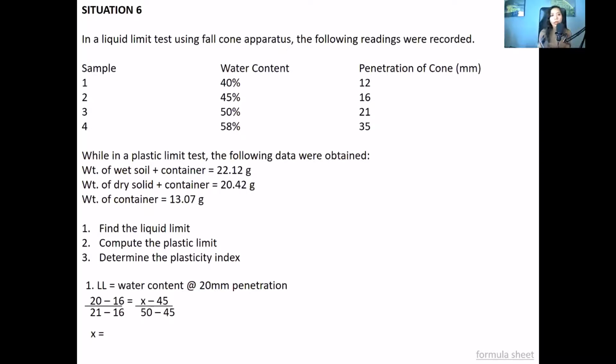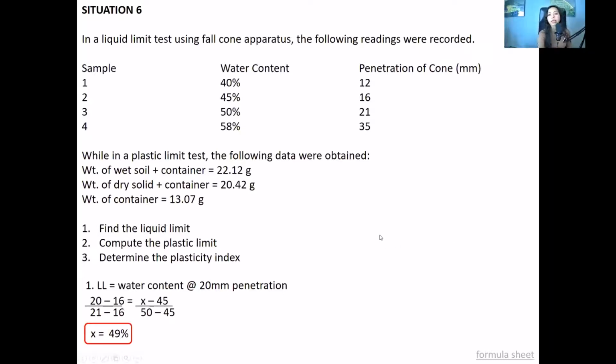So, ang ginawa ko lang, in-input ko lang siya, like this, and then shift solve. And since alam ko na naglalaro lang yung moisture content sa 40 to 58 and dapat nasa gitna siya ng 45 to 50, nag-assume ako ng 50 kasi yun yung mas malapit, and mabilis niyang ibinigay yung 49. Okay? 49%. So, Engineer Marlene, thank you. Engineer Roxanne, Engineer Mary Rose, thank you. You've all got the correct answer. I hope this is clear.